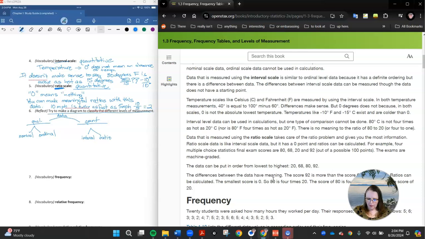And then there's also this idea that we talked about last time about discrete and continuous. We could have continuous intervals and ratios, and we could have discrete intervals and ratios as well.